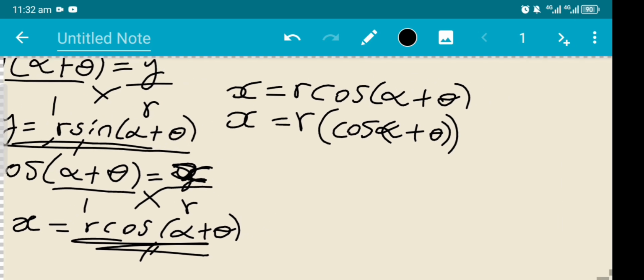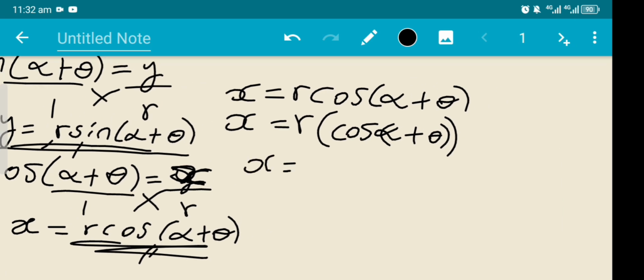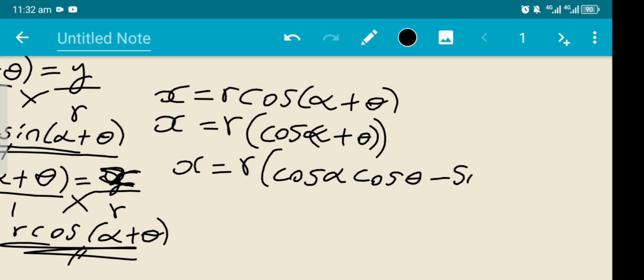Now, according to what we discussed at the beginning of the video, this is expected to be cos alpha cos theta minus sine alpha sine theta. Okay, so now what we're going to do here is multiply this r with everything inside.